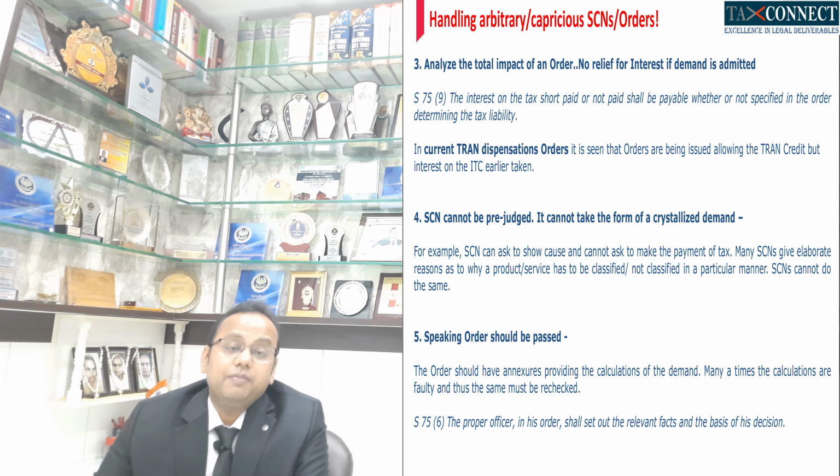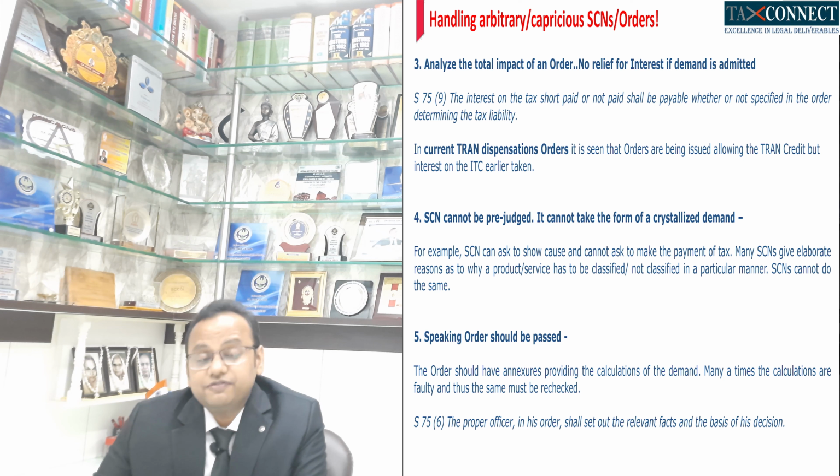In case a demand is confirmed without providing sufficient grounds and sufficient calculations, then it would be considered as violative of 75(6) of the CGST Act, and such order could be considered to be null and void ab initio.